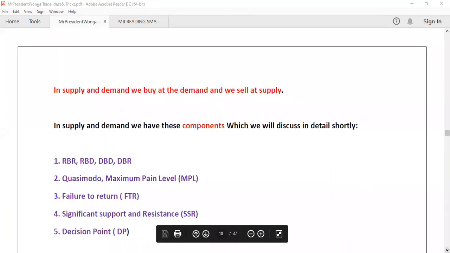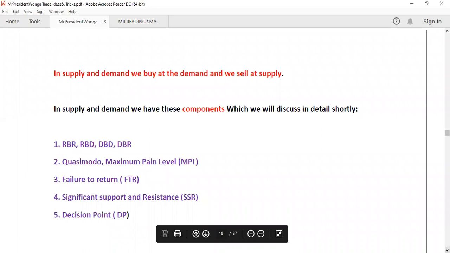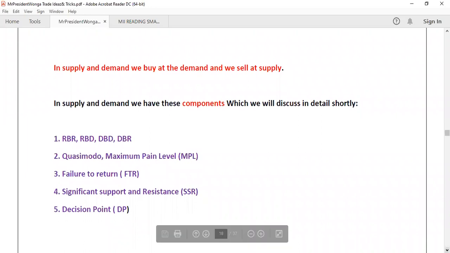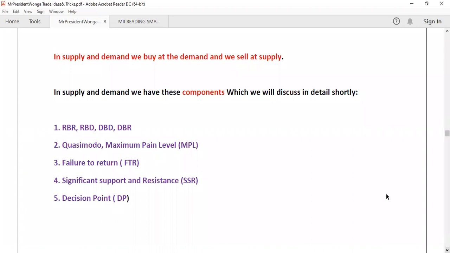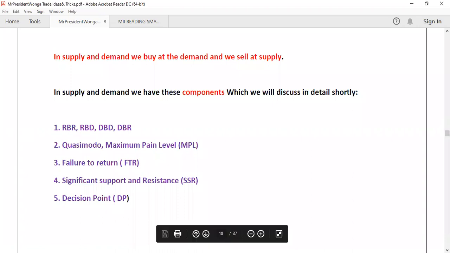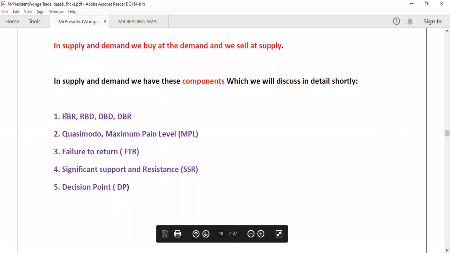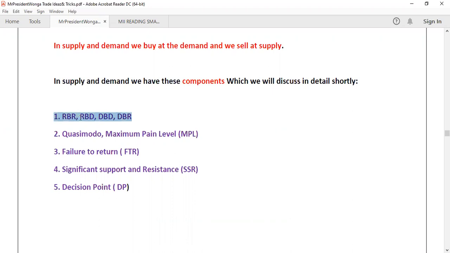So for example, in supply and demand trading, obviously we buy at the demand and we sell at supply. In supply and demand, we have components. Some components are in the price: rally base rally, rally base drop, drop base drop.